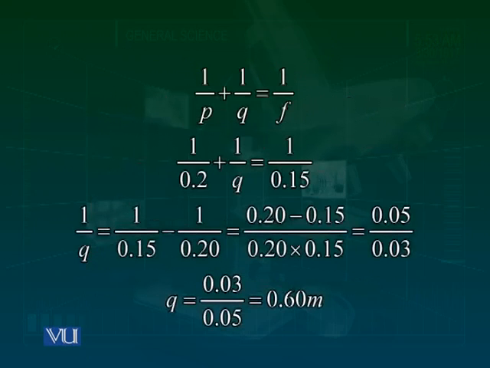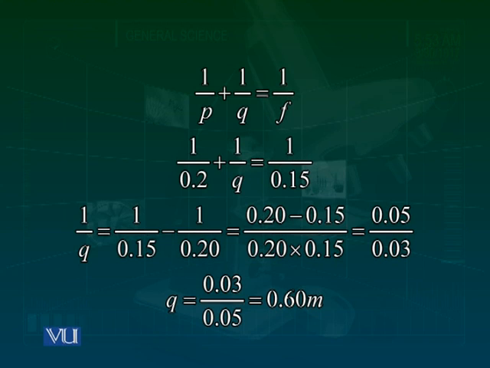Looking at our relationship, 1 over P plus 1 over Q is equal to 1 over F. Substituting the values, we find 1 divided by 0.2 plus 1 over Q has to be equal to 1 divided by 0.15.